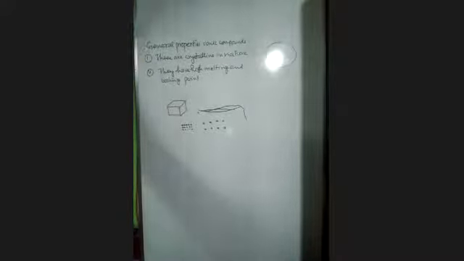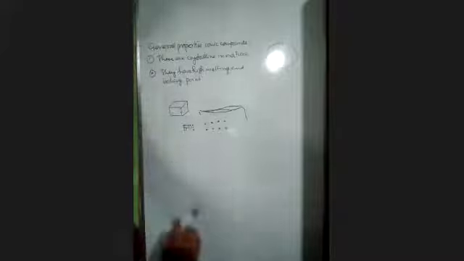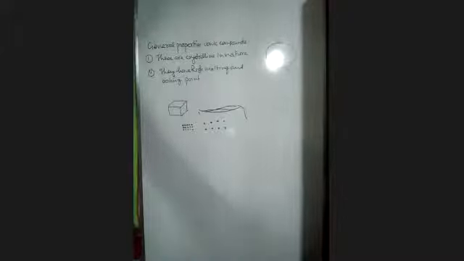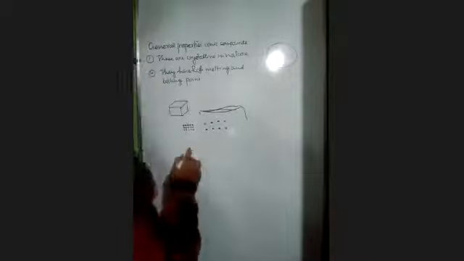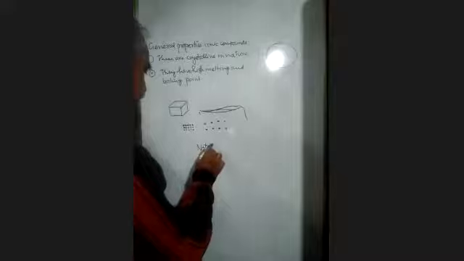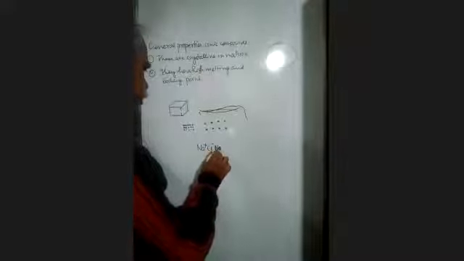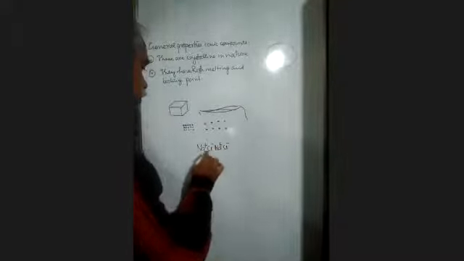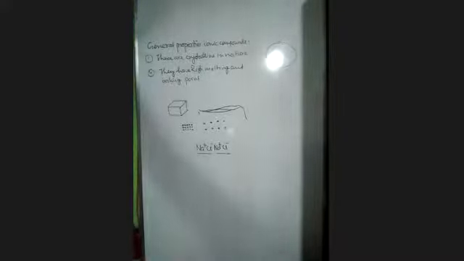Clear? Now, why do ionic compounds have very high melting point and boiling point? Because in these ionic compounds, ions are very, very close to each other. Why? Because of the strong attraction between the oppositely charged ions, which we call electrostatic force of attraction.